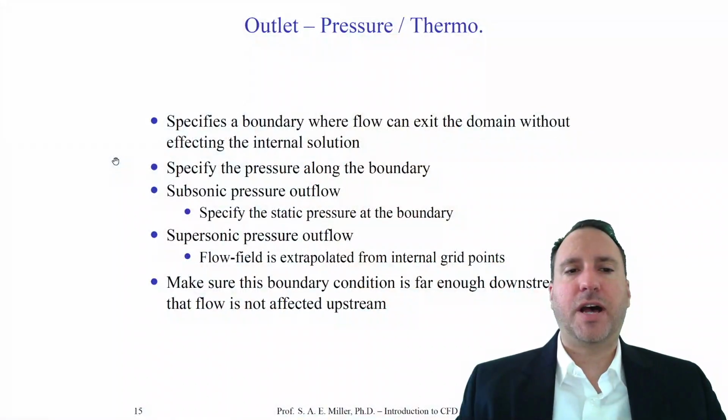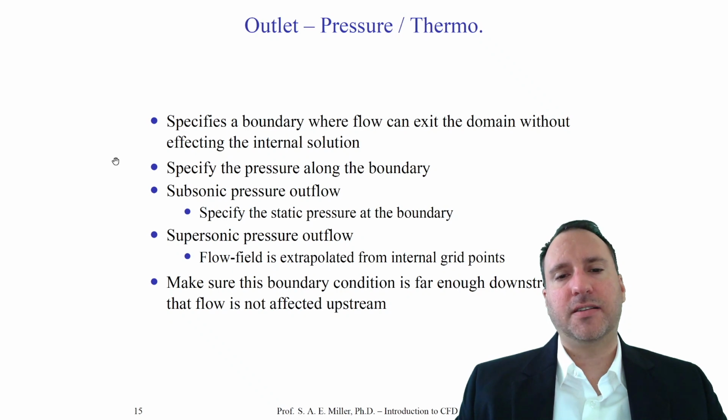It's simply set by specifying the static pressure along the boundary. For subsonic outflows, we would specify that static pressure at the boundary and let other values vary. For supersonic flows, we of course would only be extracting the values. So a static pressure outlet boundary condition can transition easily from a subsonic to supersonic flow.